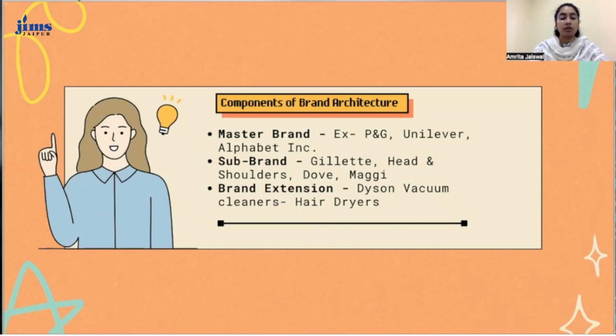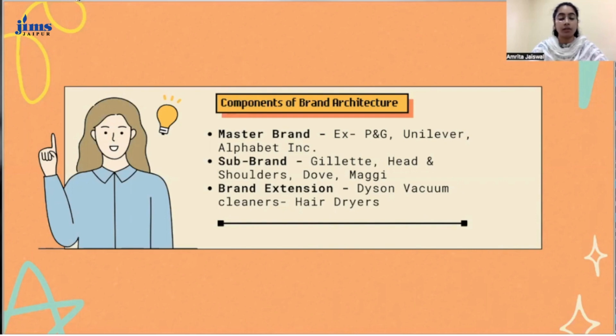Now coming to brand extension. What is brand extension? Brand extension refers to the process of using established branding on new products to increase sales. A brand extension involves expanding the company into new product categories where it is lesser known.